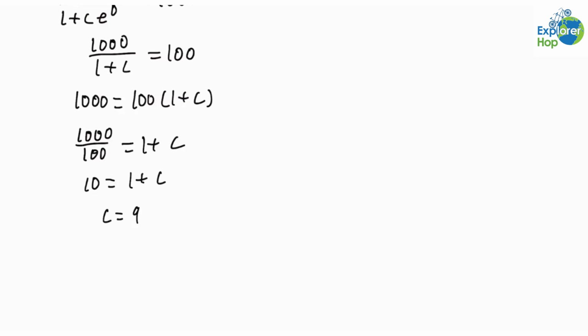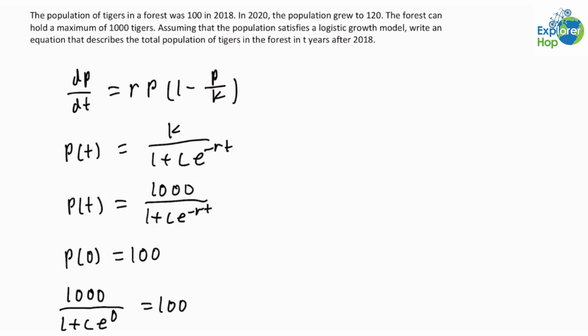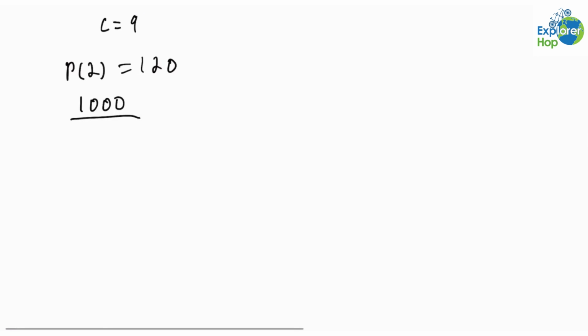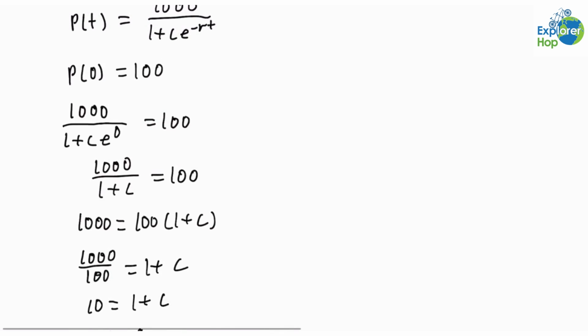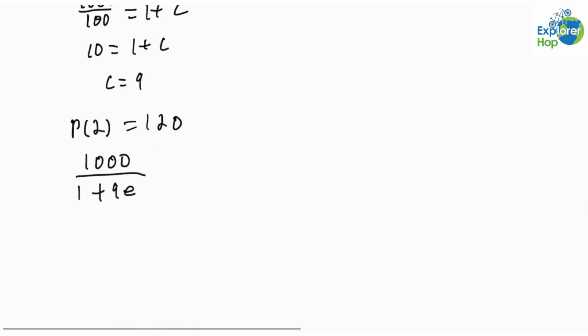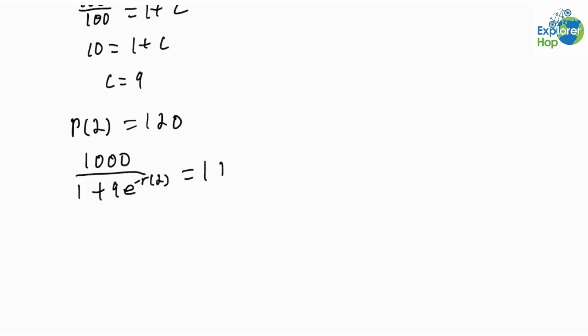And now to find r, we are going to use the other piece of information we're given, which is that the population grew to 120 in 2020, which is 2 years after 2018. This means that P(2) is equal to 120. And we get that 1,000 over 1 plus C, which is 9, times e to the power of negative r times 2 is equal to 120.